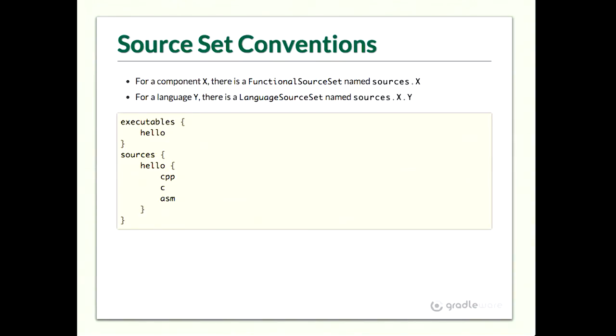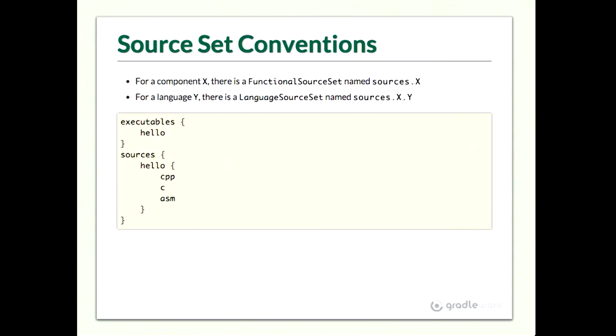This is the definition of what the conventions are for every component. There's a functional source set, and it's named sources dot the component name. So sources.hello for an executable hello. And then for every language, there's a sources.hello.language. In this case, this implies that we've applied three plugins, the C++, the C, and the assembler plugin, to get those source sets.